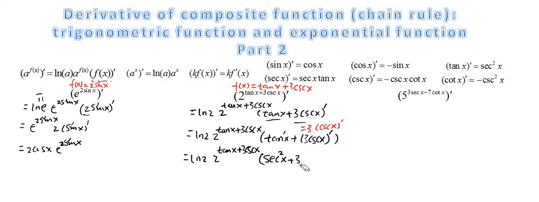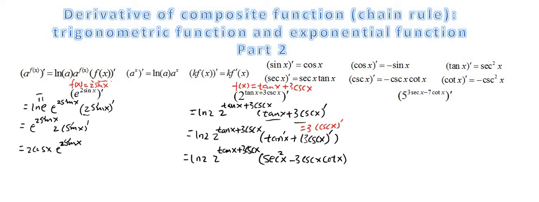So basically here should be a negative 3, so we get negative 3 times cosecant x times cotangent x.